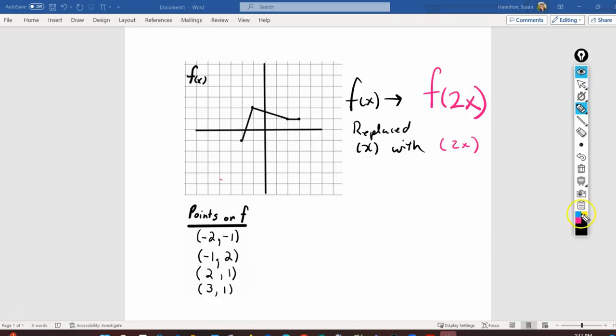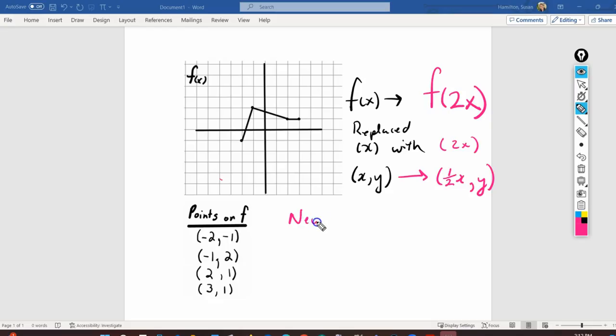What the template says is a point on f is going to be transformed into a new point. It will have the same y coordinate, but a different x coordinate, and it's going to be the old x coordinate times 1 over this number, the flip of that number.